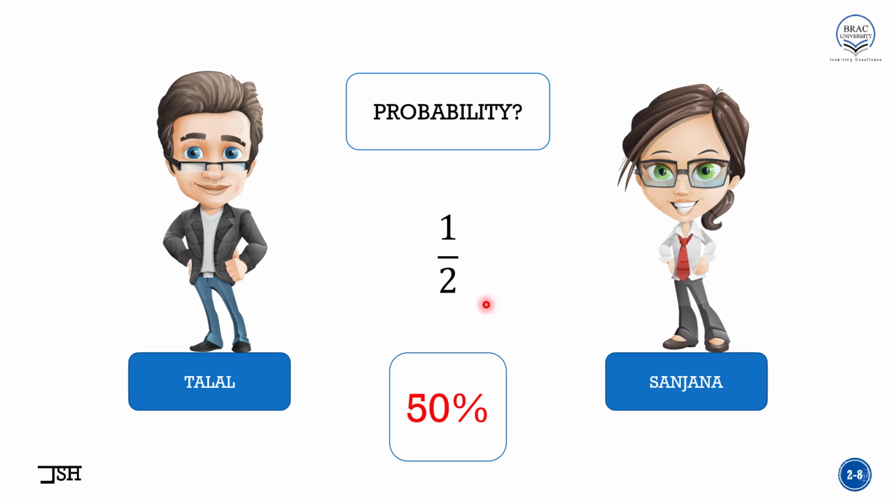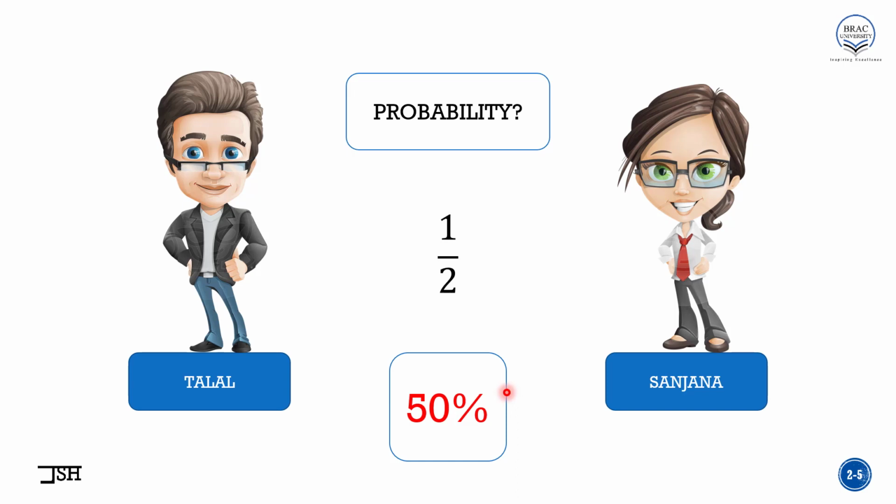And 2 is the total number of people in my population. So that is the denominator. In the numerator, I have the total number of people I'm going to select in my sample, which is 1 here. And in the denominator, I have the total number of people in my whole population, which is 2 in this case. So that's how I got half or 50% here.